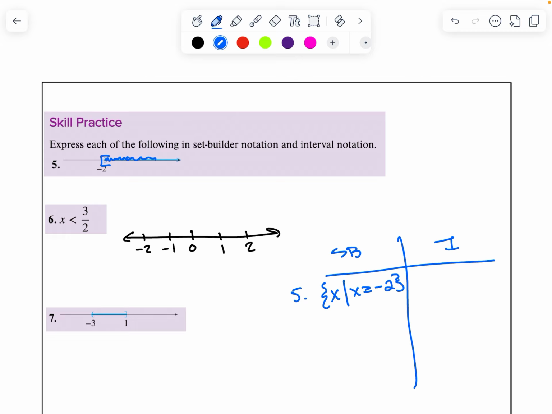You see that? The bracket means or equal to. If we were using interval notation, this is shaded from -2 to infinity. So our interval notation is everything from -2 to infinity.